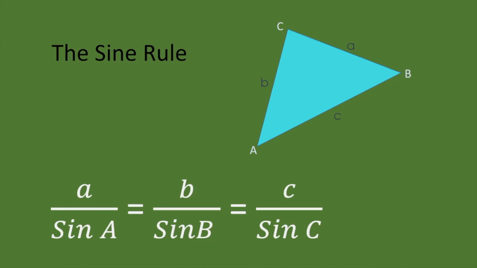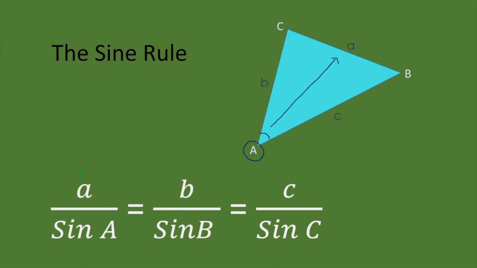Let us see. Here we have the lowercase a over sine A, that is the opposite. Yes, let me use a different color. This is the uppercase A. For this angle A, we can apply sine A, and the side opposite to this is marked in lowercase a.